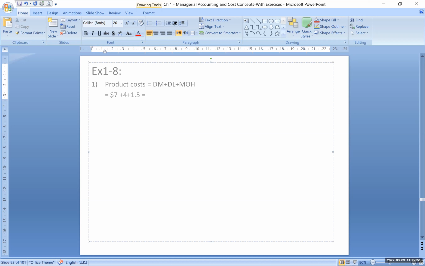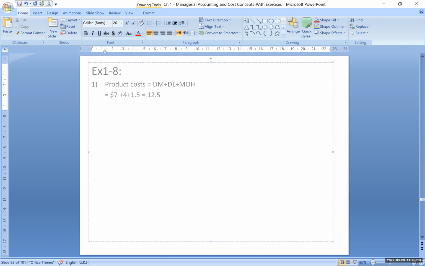This total will be 12.5. 12.5 times how many units do we have? 20,000 units. Okay, this equals $250,000.